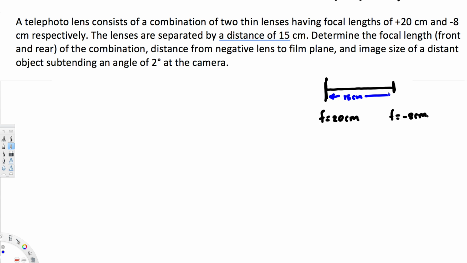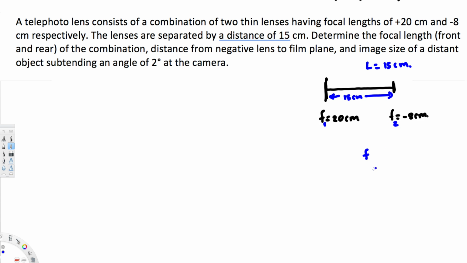They are asking to determine the focal length of the combination. Let's say this is f1, this is f2, the combination focal length is f, and this length L is equal to 15 centimeter.